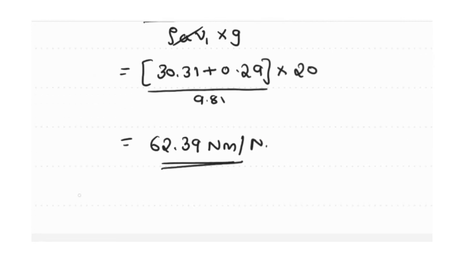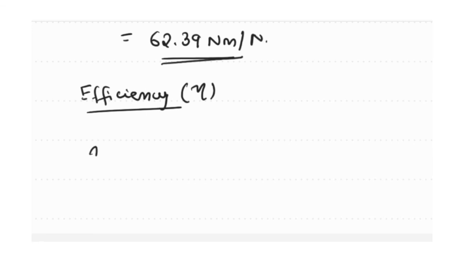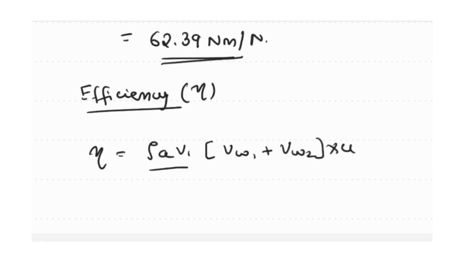Next we will go with the efficiency. So efficiency eta is equal to the work done, rho into A into V1 into VW1 plus VW2 into U, that is the output, divided by the input, the kinetic energy, that is rho into A into V1 into half V1 square.